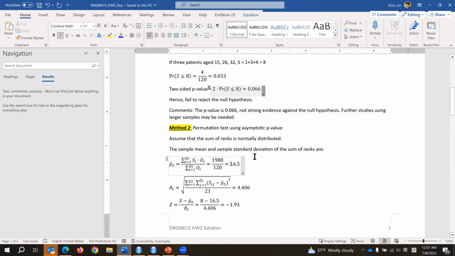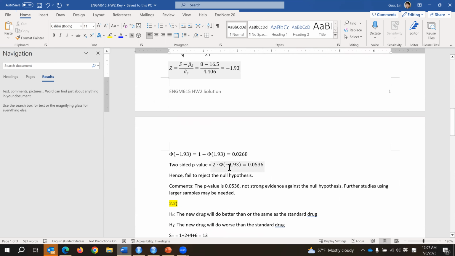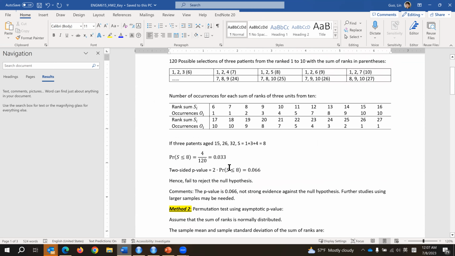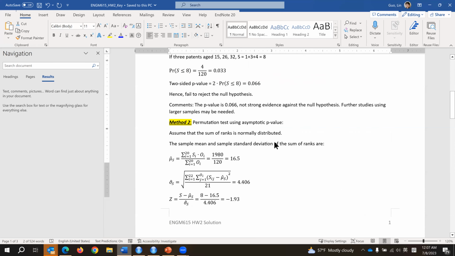Or you can use asymptotic results: calculate the sample mean and sample standard deviation, get the z-value, and use the z-table to get the p-value. But anyway, you need to use the rank and the rank sum instead of the exact measurements, because a permutation test always uses ranks or orders rather than the real values of the measurements.